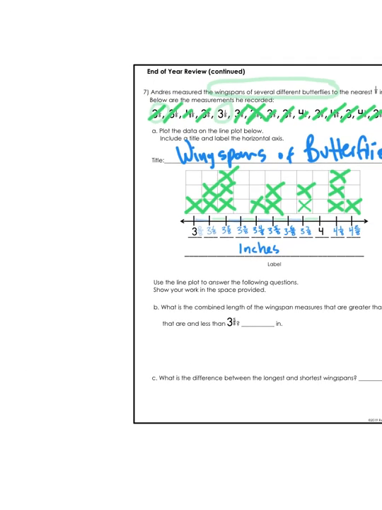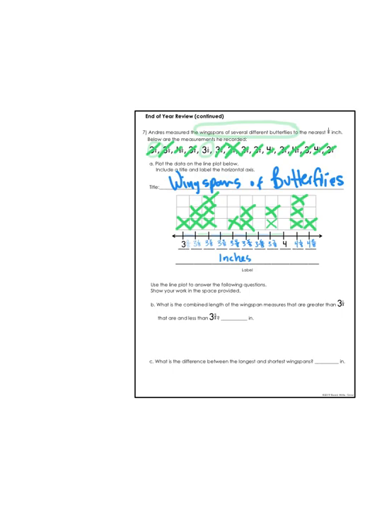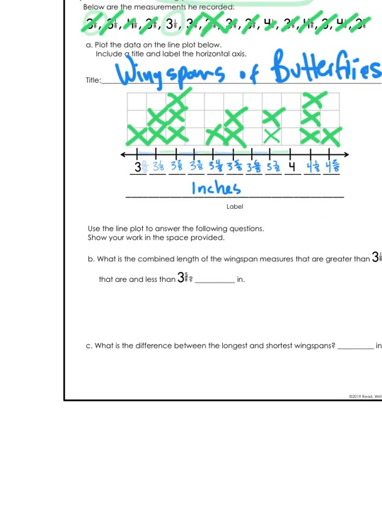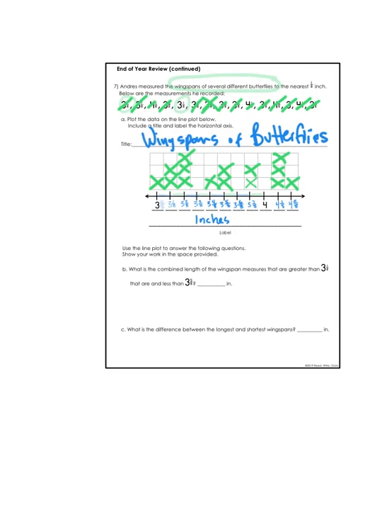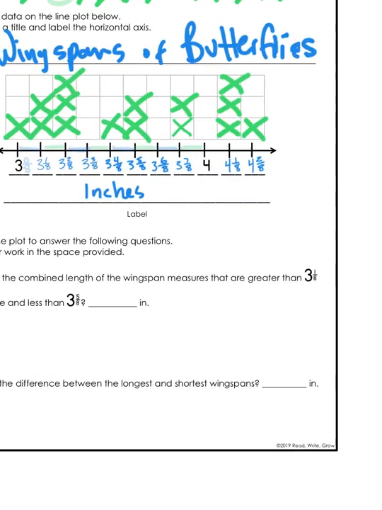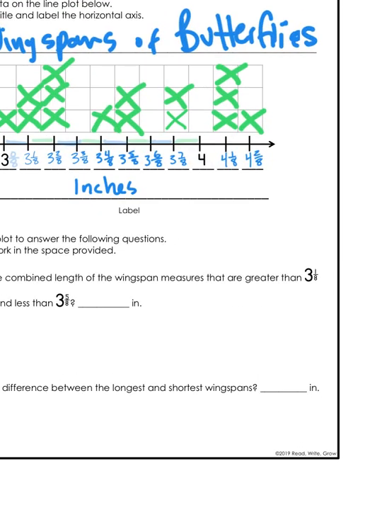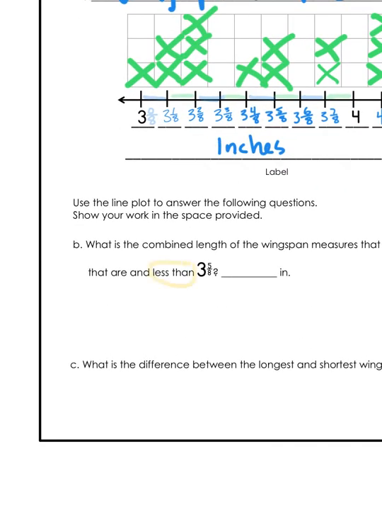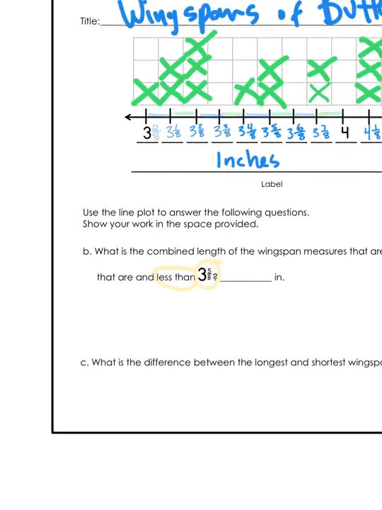Now that we have our line plot graph, we can answer some questions. What is the combined length of the wingspans measured that are greater than 3 1/8 and less than 3 5/8? So looking at our graph, greater than means bigger, and less than means smaller than 3 5/8.